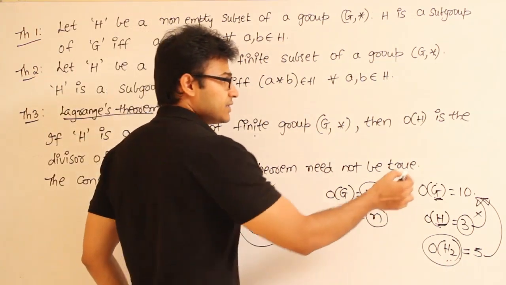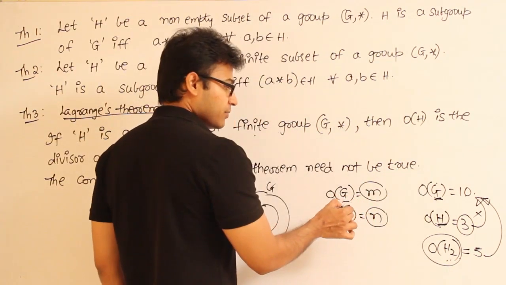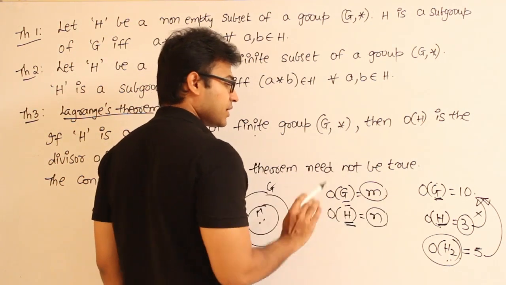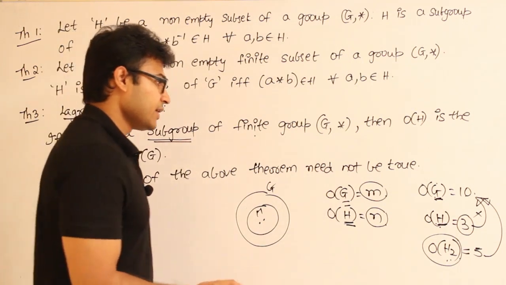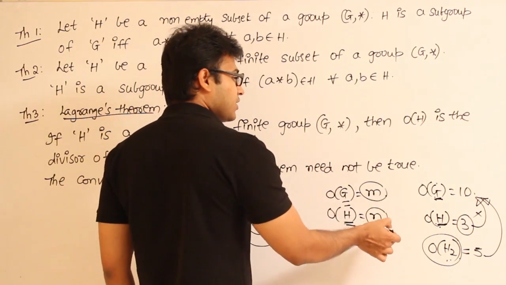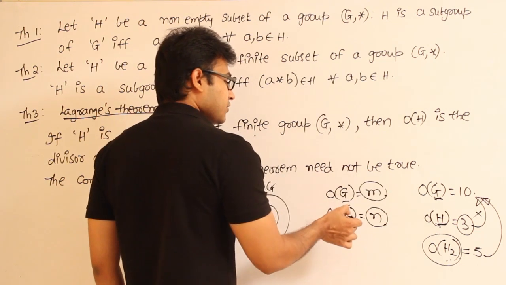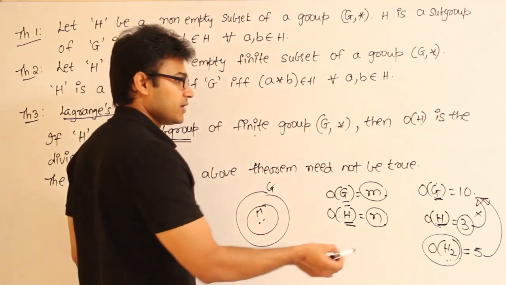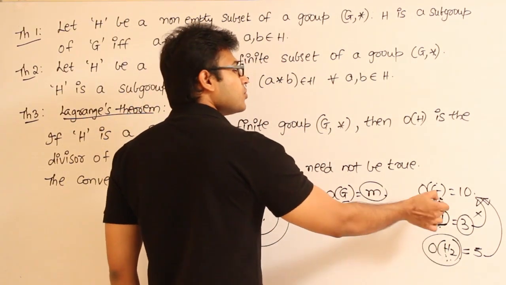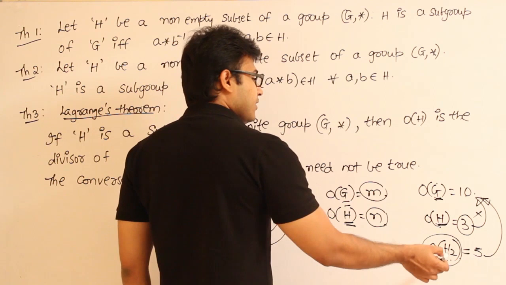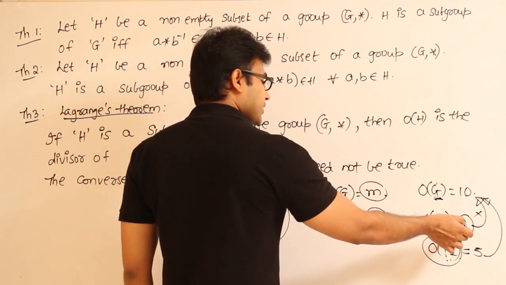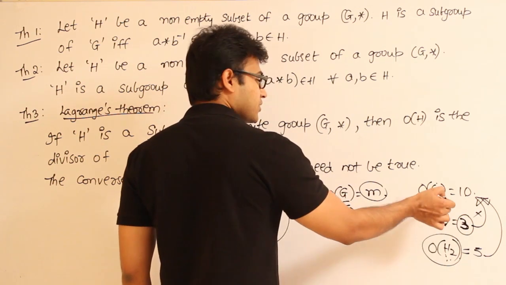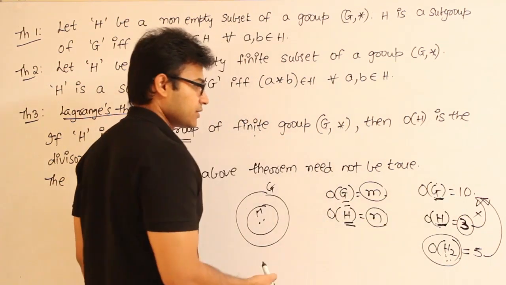See, if G is a group and H is a subgroup, then definitely N should divide M. That is what the theorem says. But then if N divides M, it is not necessary that H should be a subgroup of G, which means every subset containing 5 elements need not be a subgroup of G, but if order of H does not divide order of G, then you can say that it is not a subgroup.